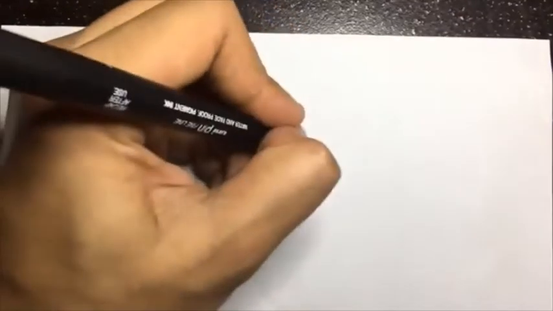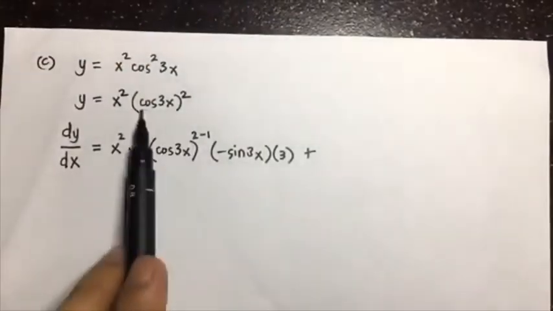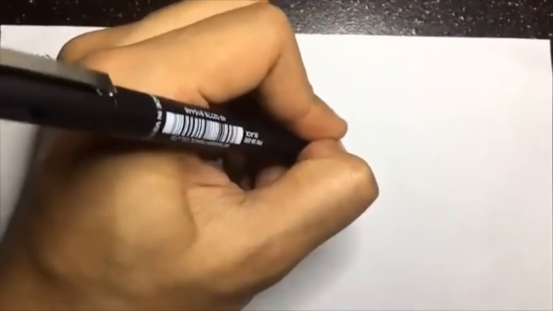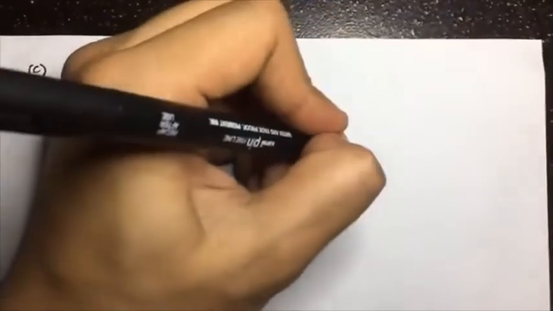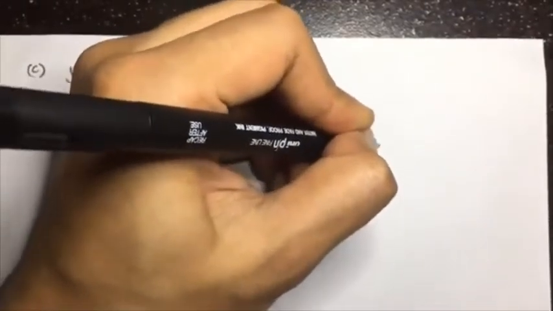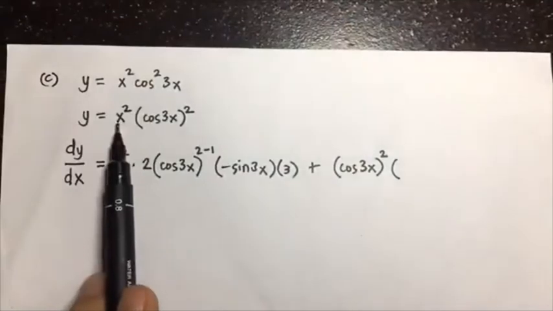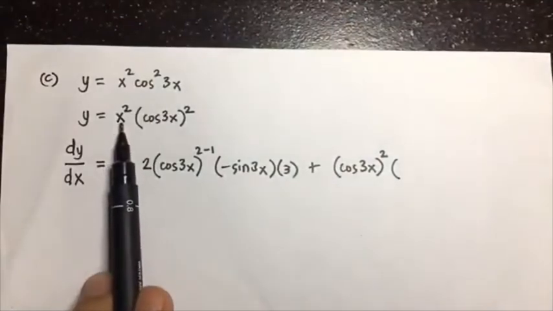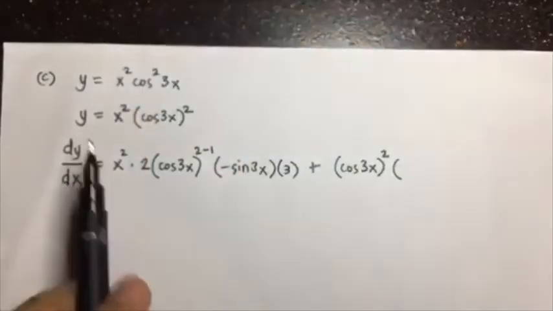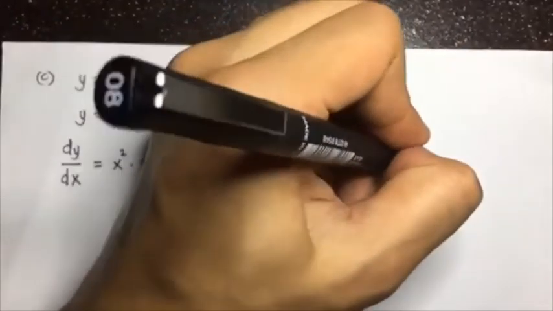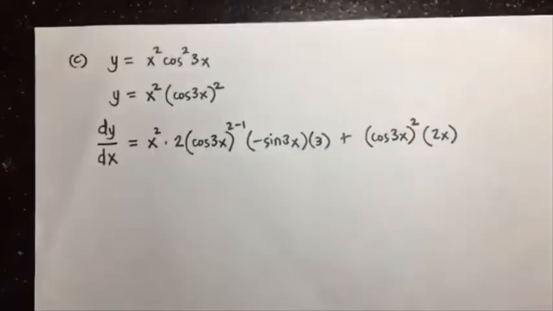So next is plus the second factor, which is cosine 3x squared, multiplied by the derivative of the first factor, which is x squared. The derivative of x squared with respect to x is 2x.